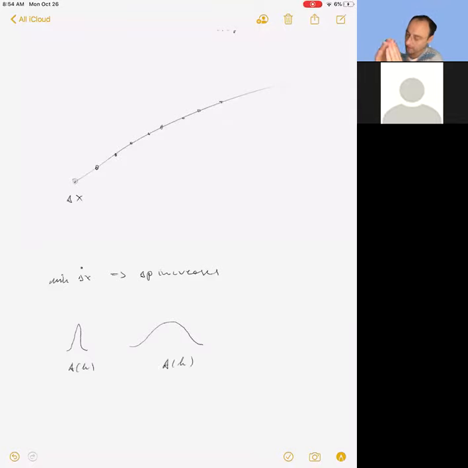So delta X is smaller, delta P is larger, and the Fourier transform is broader. And when the Fourier transform is broader, you have a broader set of frequency components, or wave number components, that enter the wave function. And that wave function falls apart quicker. It doesn't keep its shape for very long.